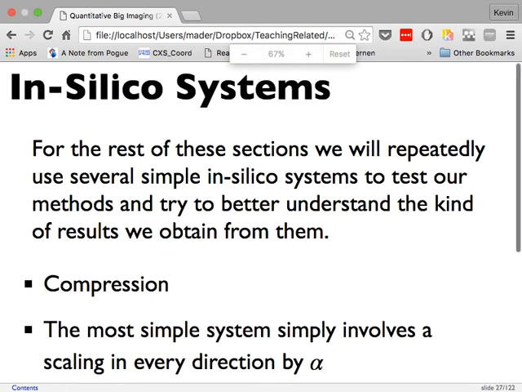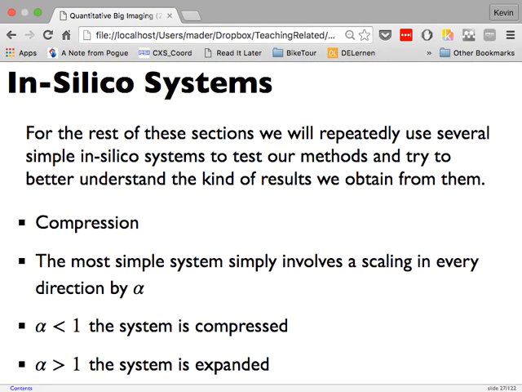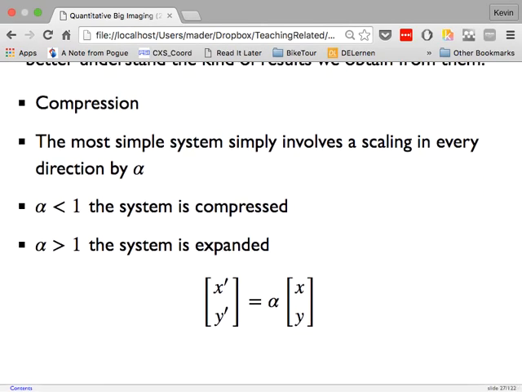So what we'll do is show in silico systems that apply a fixed deformation to them, and then we quantify them with these tools. Basically we'll have a sample where we try to compress it, and the compression we apply is very simple.